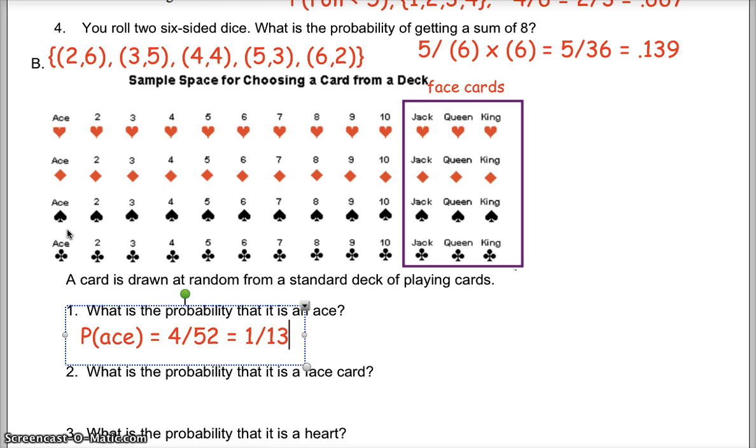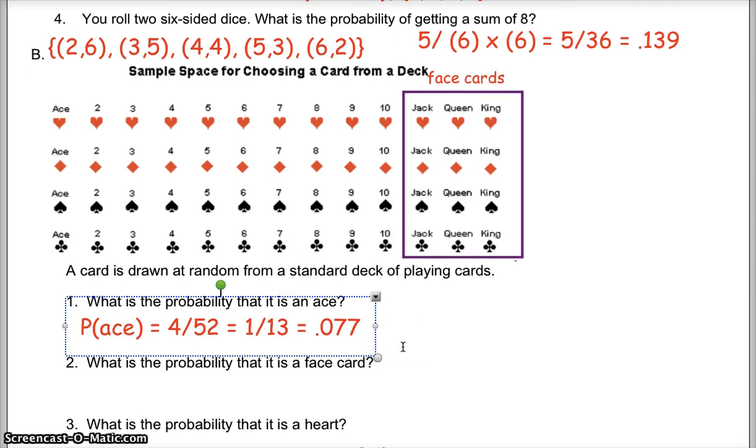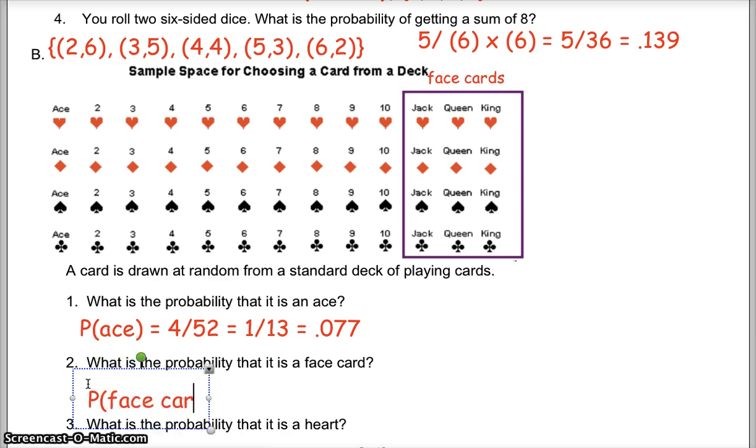As a decimal, that's approximately 0.077. What is the probability that our card is a face card? So we're looking for the probability of a face card. We just discussed that we have 3, 6, 9, 12 face cards out of 52 total cards for a probability of 0.231.